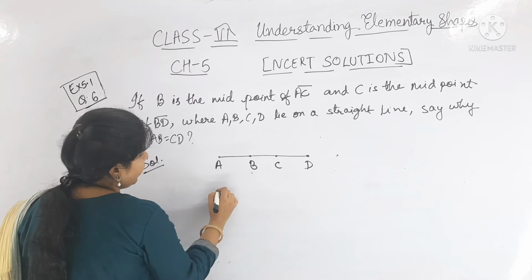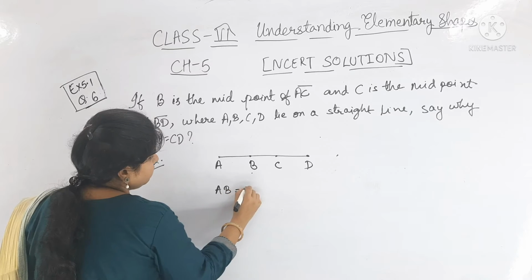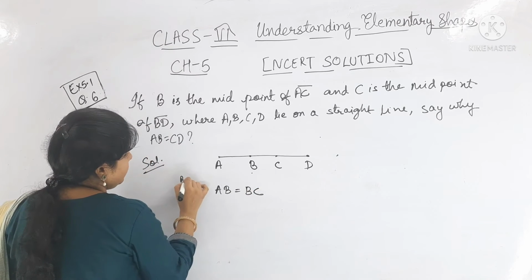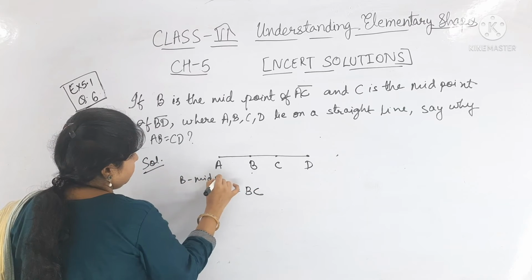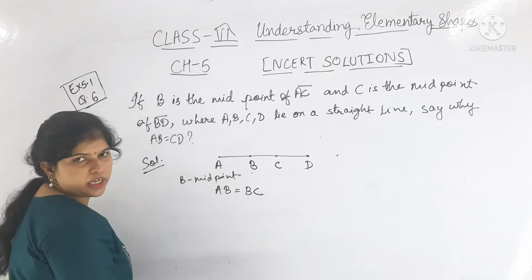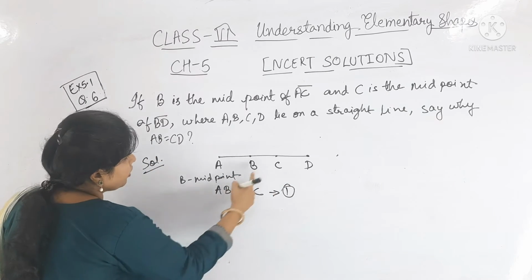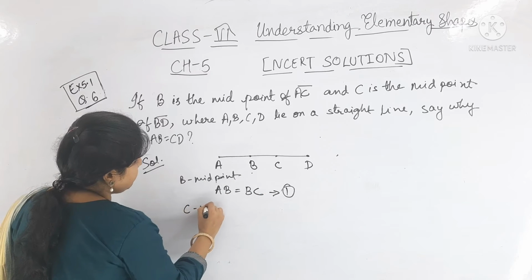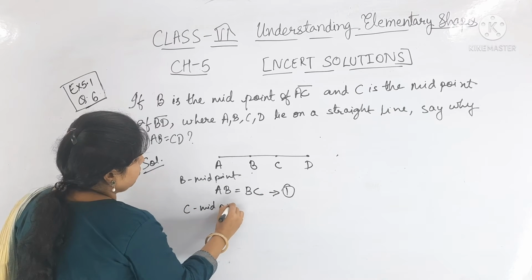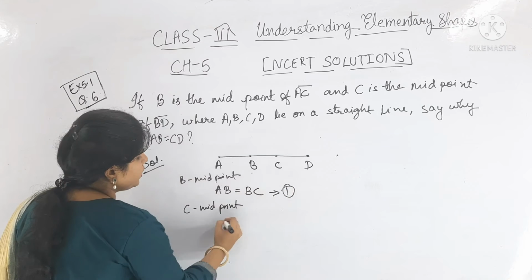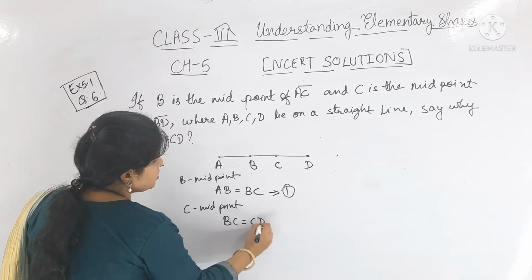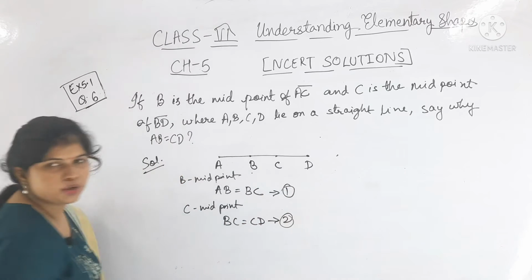B is the midpoint, it is given, so AB equal to BC. Okay, so AB equal to BC is the first equation. Then C is the midpoint of BD, so here BC is equal to CD, that is the second equation.